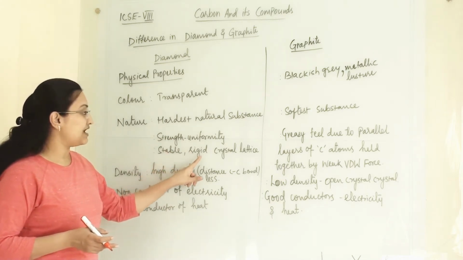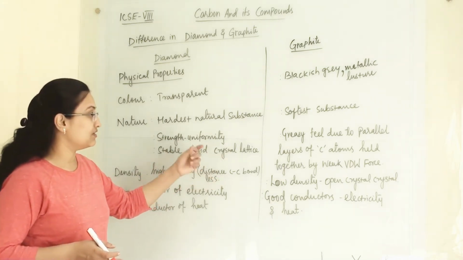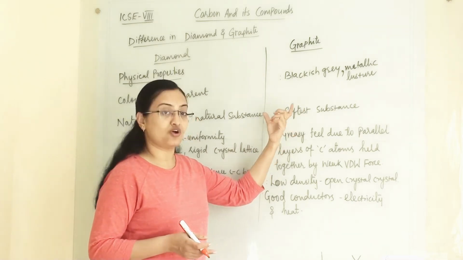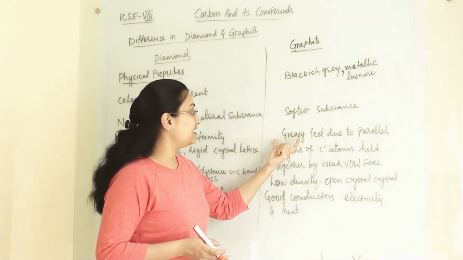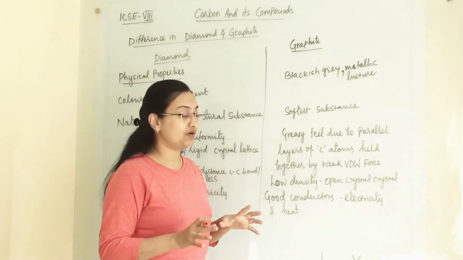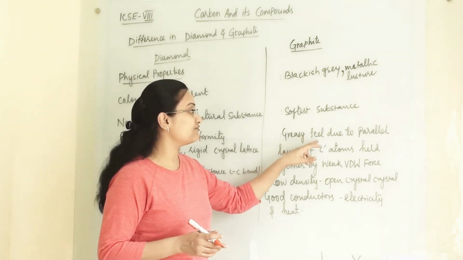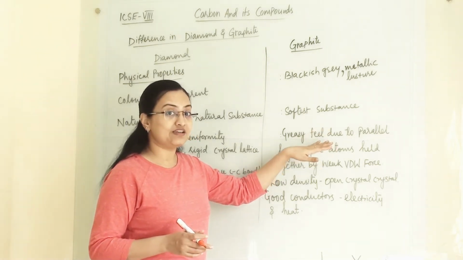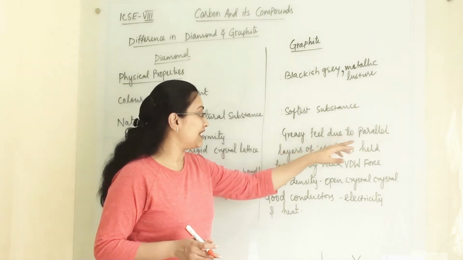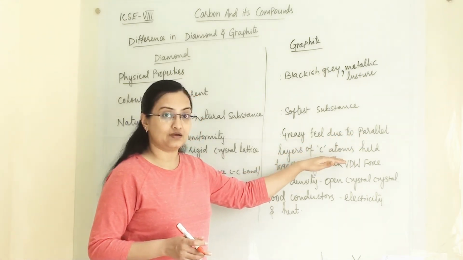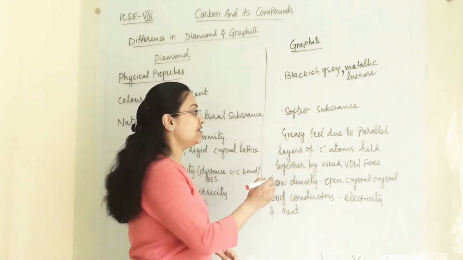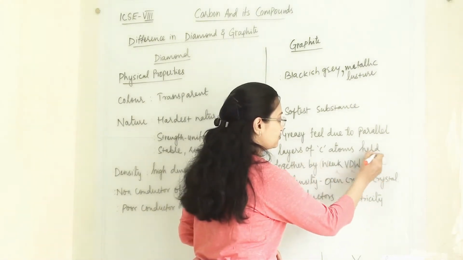It is a stable and rigid crystal lattice, whereas graphite is the softest substance, and it gives a mark on paper and also gives a greasy feel. And why does it give a greasy feel? Due to the parallel layers of carbon atoms held together by weak van der Waals force.